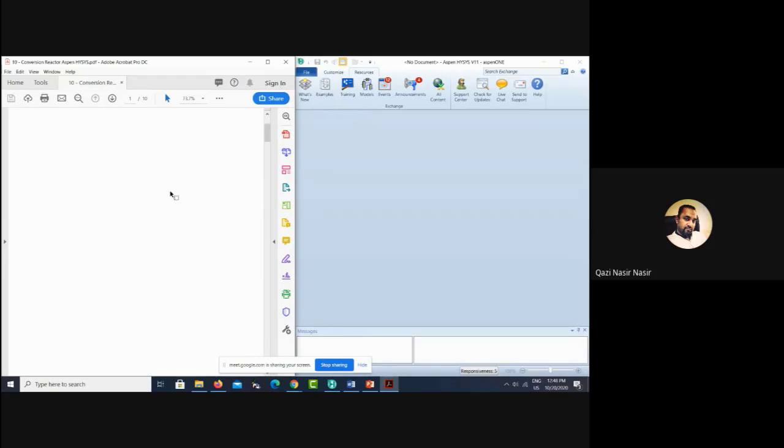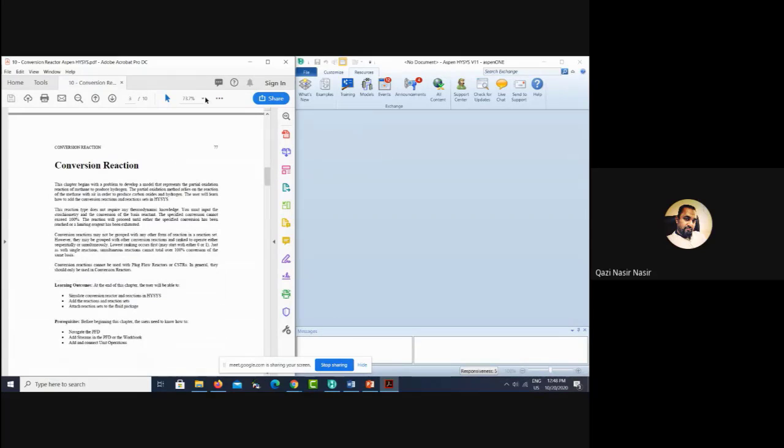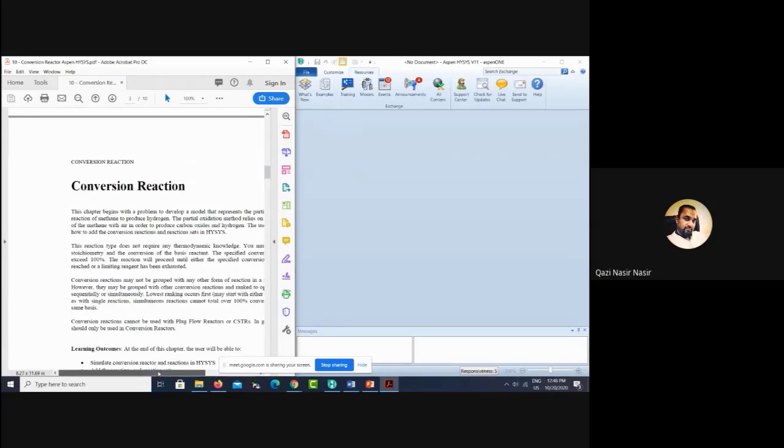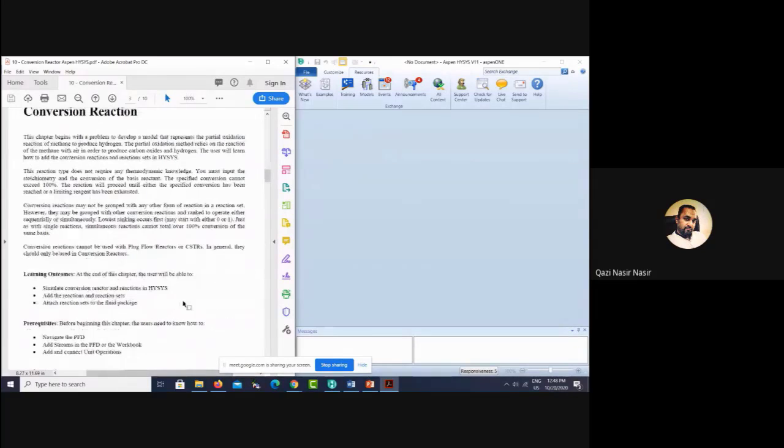In a conversion reaction, as you should know, we have the feed, and the feed contains reactants, and that reactant has to be converted into products. The reactant will lose, and then it is converted into product.